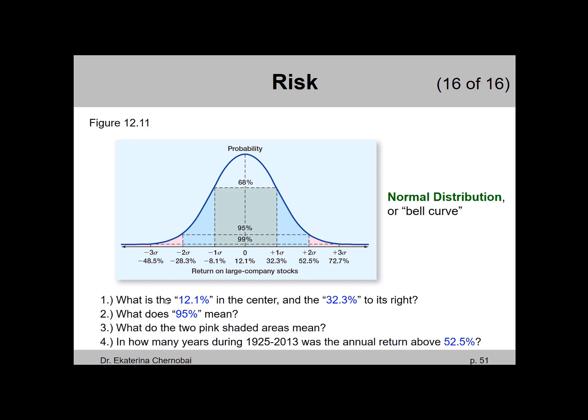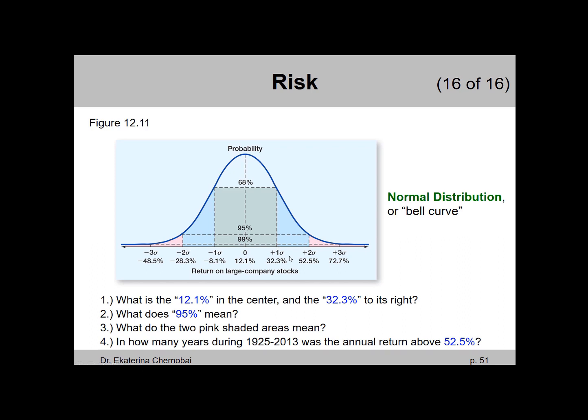Question number 3. We have this pink shaded area on the left and on the right under the curve, where the tails are, right? 2 tails of this distribution. What do those 2 pink shaded areas mean? Well, what do we have for the cutoffs?